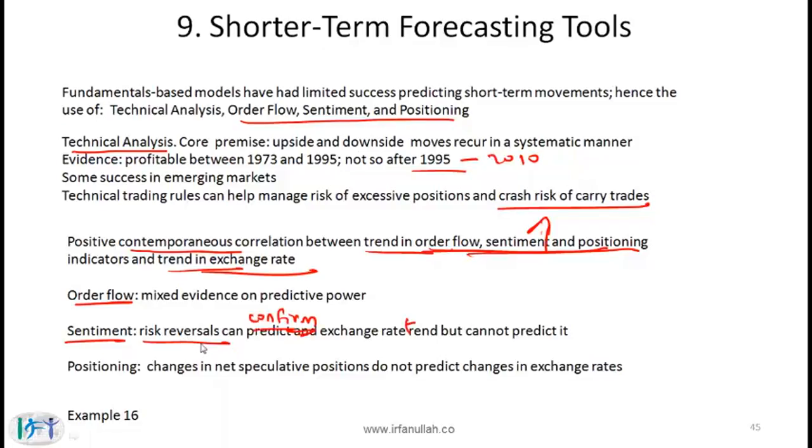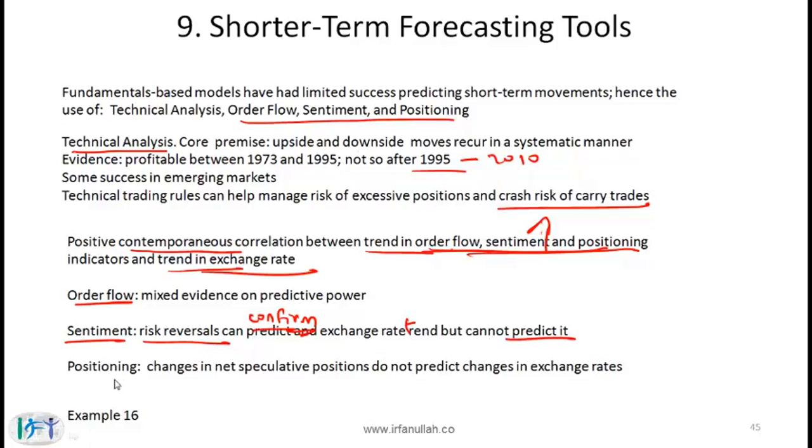So the point is that risk reversals can confirm an exchange rate trend but cannot predict it. Again, this is based on the contemporaneous relationship. So when you see a positive sentiment for a given currency, that positive sentiment will be happening along with the increase in exchange rate. So again, the confirmation is good, but it doesn't help us predict future exchange rates.